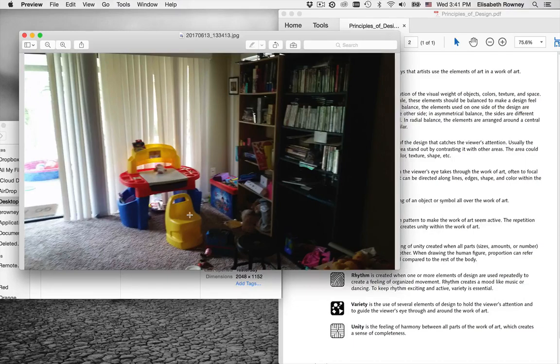Okay, so this is an example of how close-up images, when you're trying to show principles of design, will actually be more beneficial to you than giving me a wide shot that is also out of focus. You really want to make sure, to the best of your ability, that your images are crisp and that I actually know what you are trying to show me.